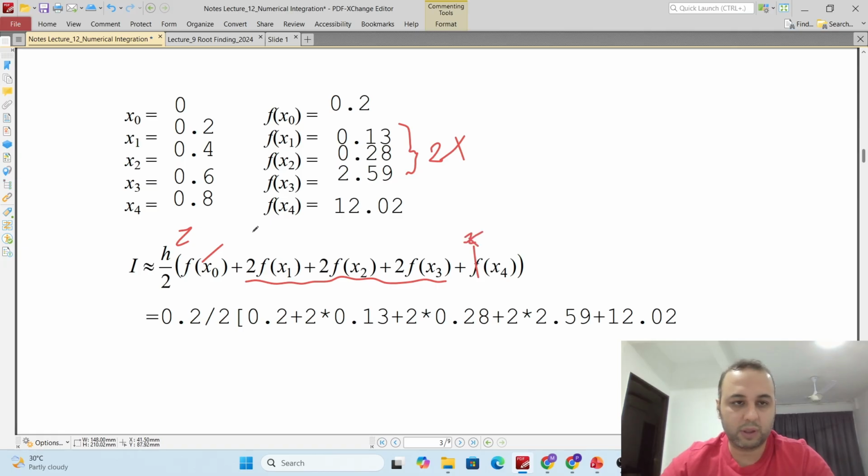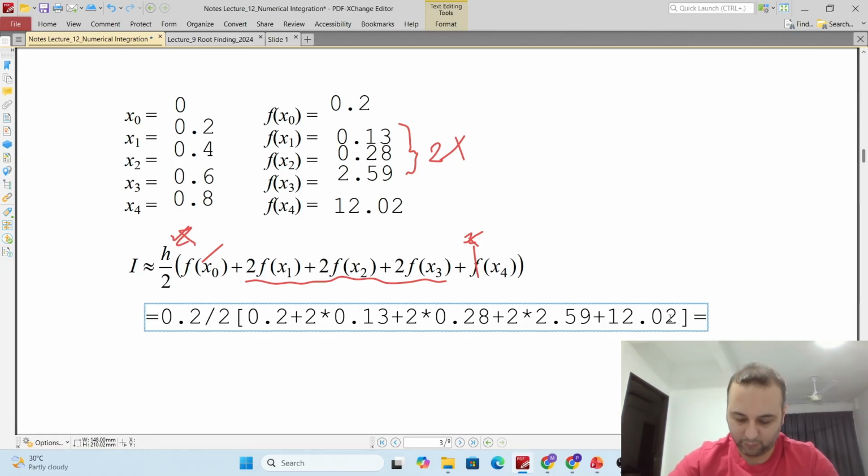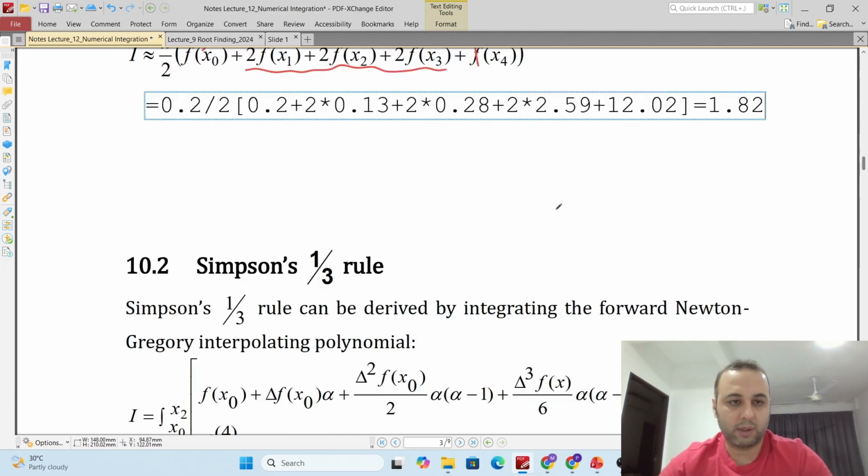There is no coefficient 2; it is only for the middle ones. Okay? After substituting, I give you the final answer. The final answer will be 1.82. This is the answer.